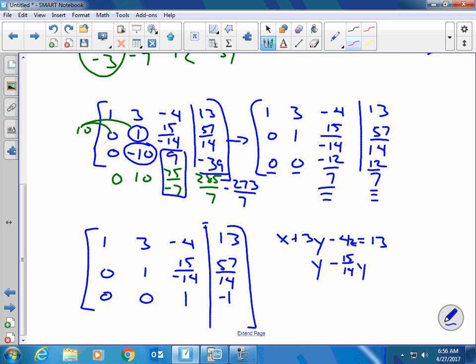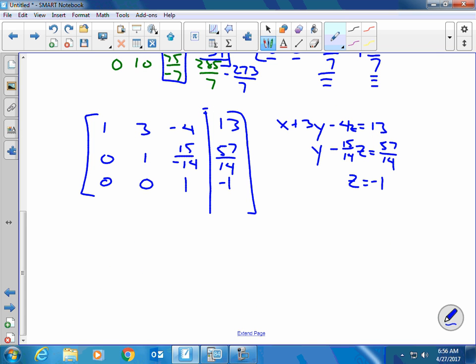Whoops, these are z's. And that last line, I get z equals negative 1. Let's go back and let's plug in.